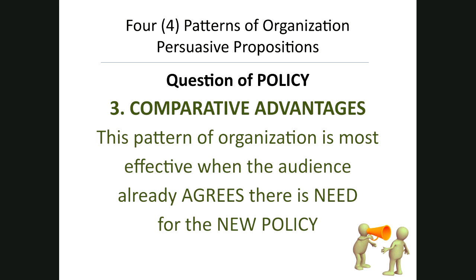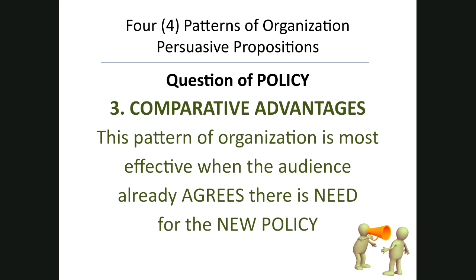Number 3 of these 4 patterns is comparative advantages. Now, this pattern of organization is most effective when the audience already agrees that there's a need for the new policy.